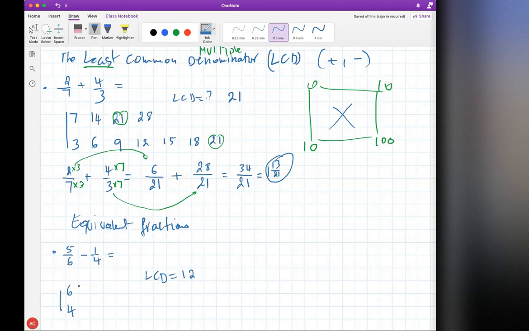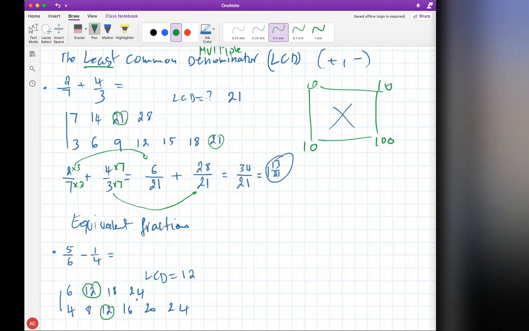So if we do the multiples again, for 6: 6, 12, 18, 24. For 4: 8, 12, 16, 20, 24. As you can see, we have 12 as a common multiple, or denominator.